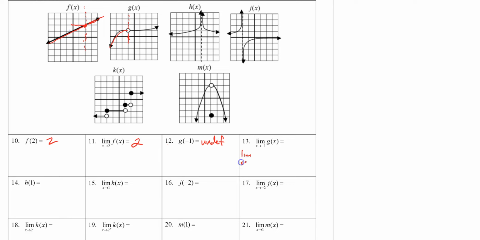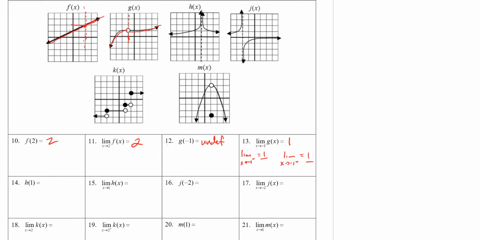So the limit as x approaches -1 from the negative side is 1. I also need to check the limit as x approaches -1 from the positive side. So from the positive side, that's the right side, I'm following this side of the graph, and it's approaching that same value of +1. Since the left and the right side match, the limit is 1.